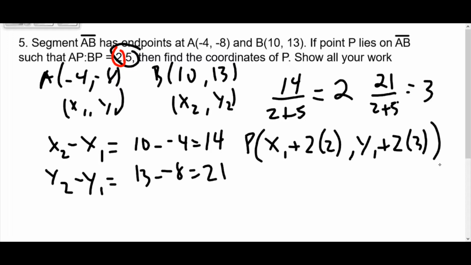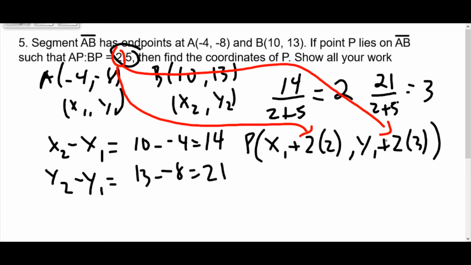The first 2 comes from the ratio. The second numbers, the 2 for x, come from our changes: we took the total distance of x's and divided by 2 plus 5. And the 3 took the total difference of y's and divided by 2 plus 5.